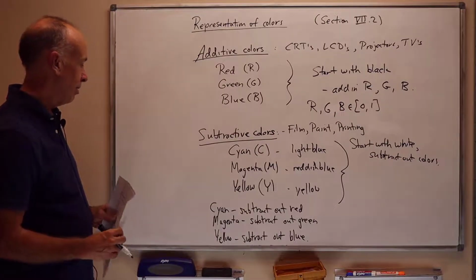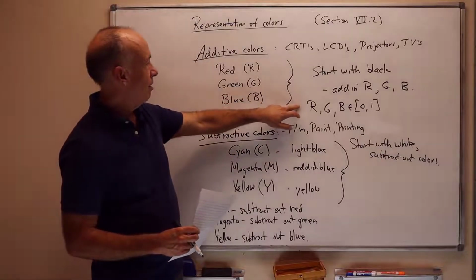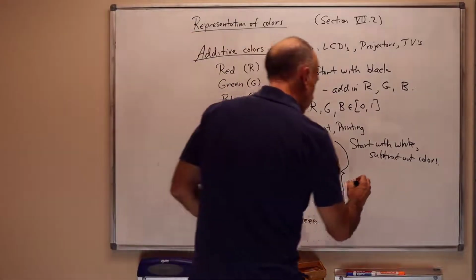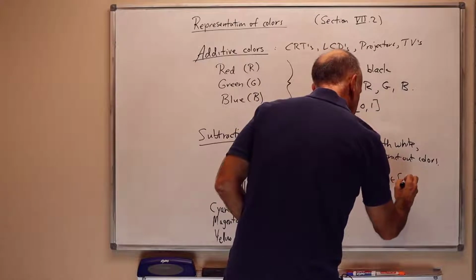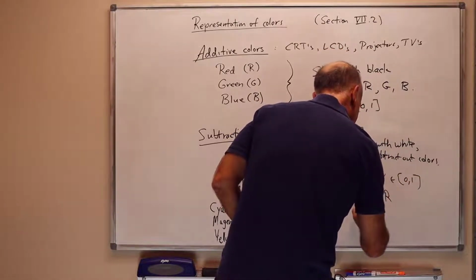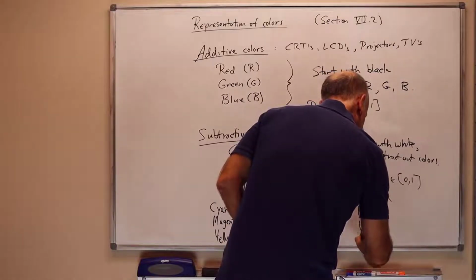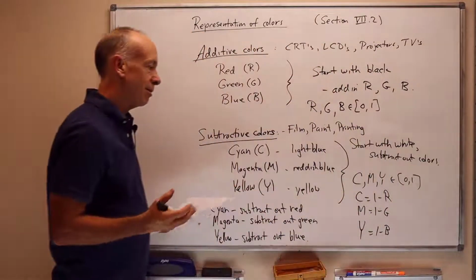This actually gives us a nominal way to do conversion here. In the additive setting, RGB are in the interval 0, 1. Here we're also going to have C, M, and Y in the interval 0, 1. The formulas are C is 1 minus R, M is 1 minus G, and Y is 1 minus B. This is a nominal conversion.